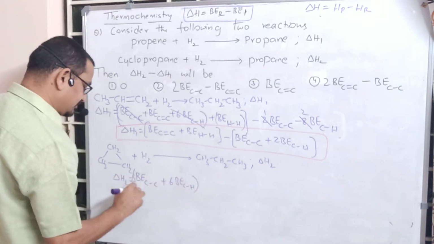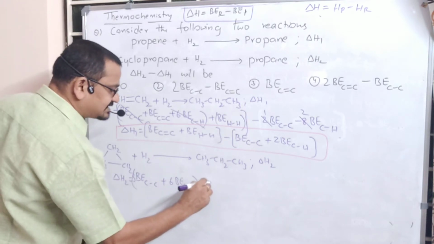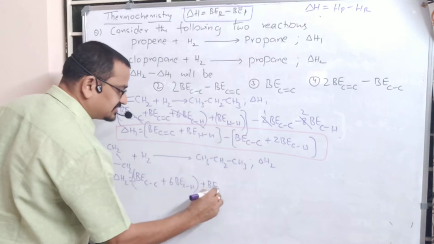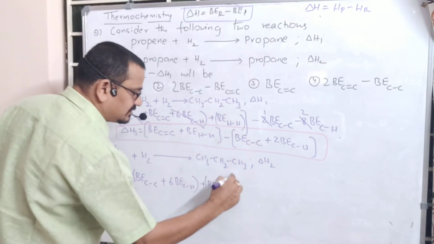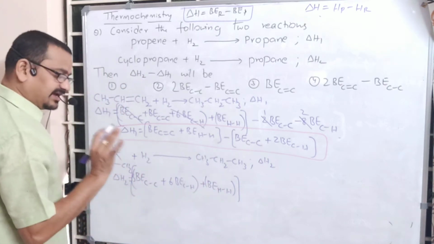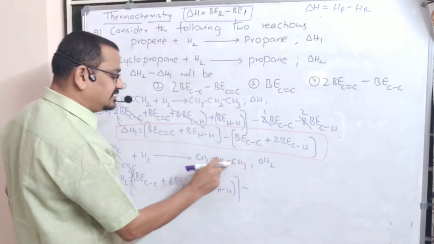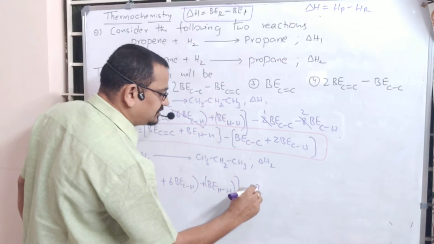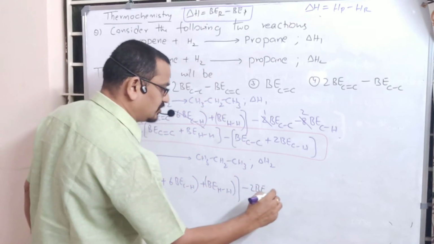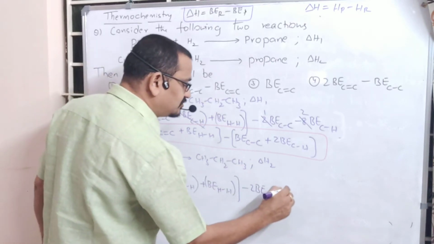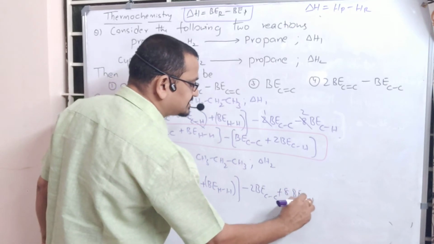This is that of one reactant plus bond energy of another reactant H-H. The whole thing comes under reactants, minus bond energy of products we have to do. How many? 2 bond energies: 2 into bond energy of C-C single bond plus 8 into bond energy of C-H single bonds.